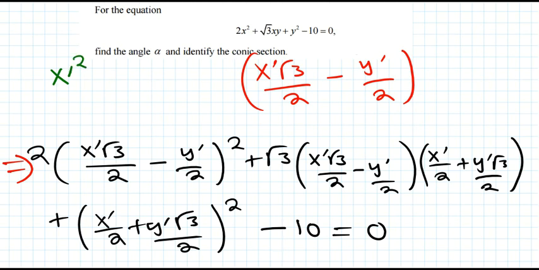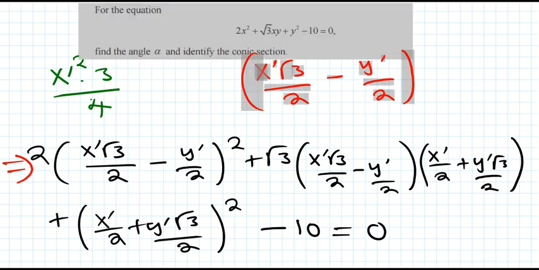Root 3 by root 3 is just going to give us a 3, and then 2 multiplied by itself is going to give us a 4. So that's when you multiply this by itself. So x prime multiplied by root 3 gives us that, and then this part multiplied by that part, what is it going to give us?